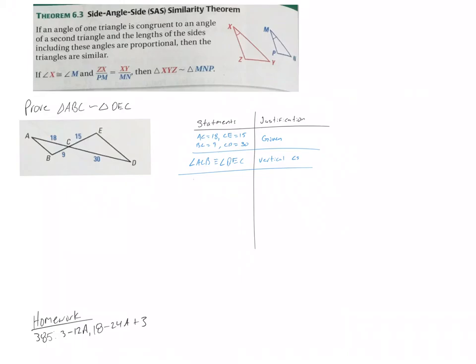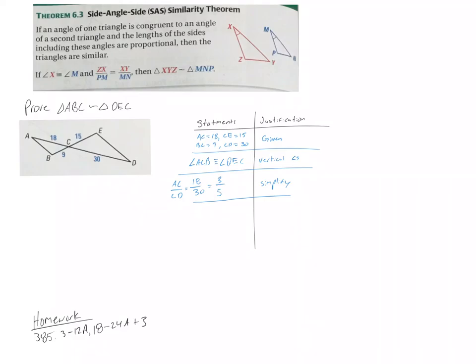So let's say 18 over 30 is equal to 3 over 5. So I said these two sides are equal to, so AC over CD is going to equal to 18 over 30, which simplifies down to 3/5.